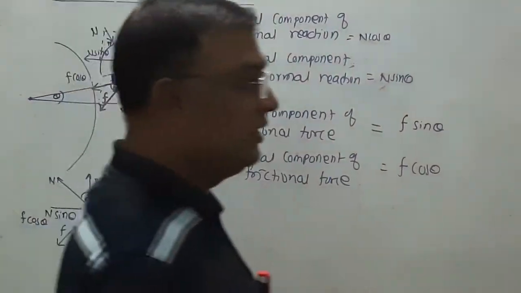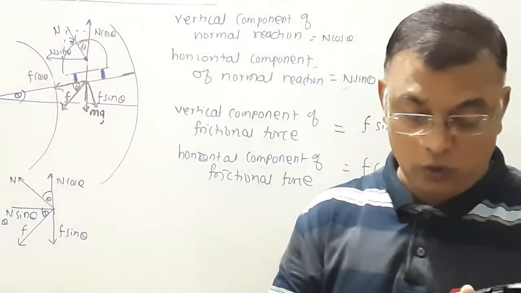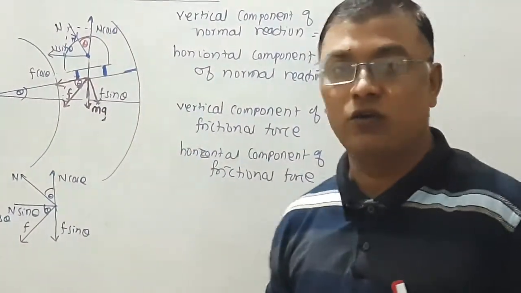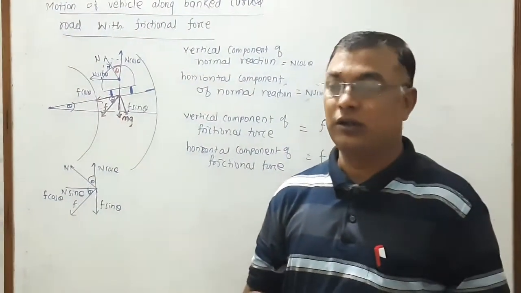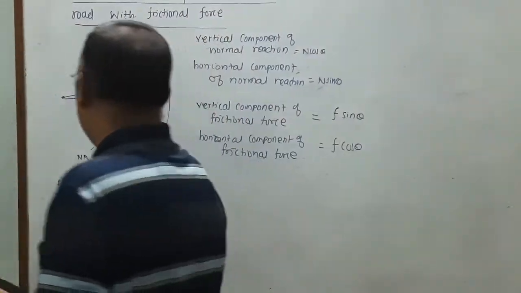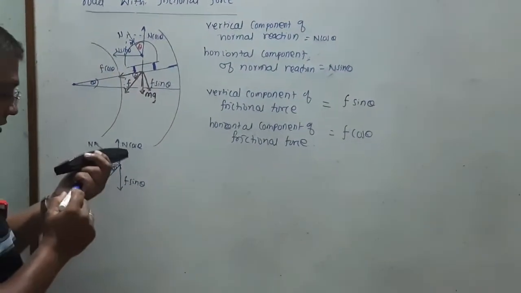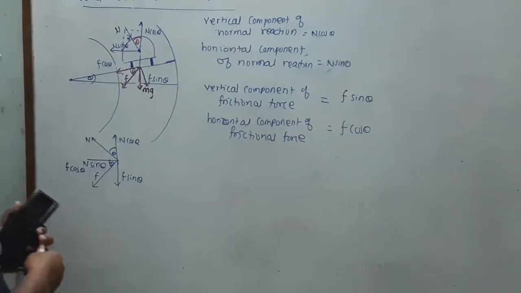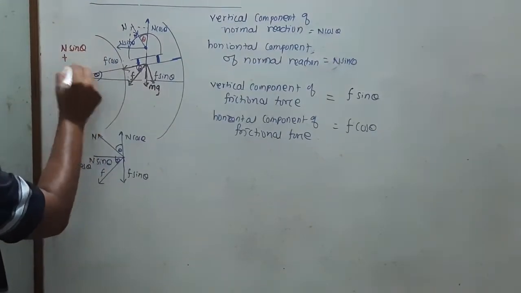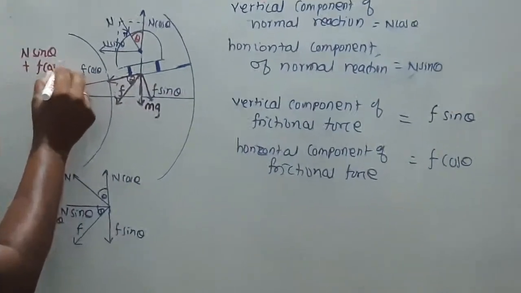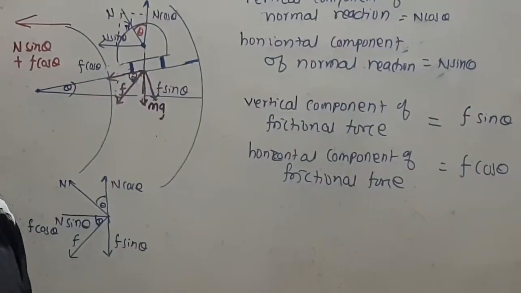Whatever force acts on that particular vehicle is resolved along the vertical and horizontal components. So we can write N sin theta plus f cos of theta, moving along this direction, which is the horizontal component.